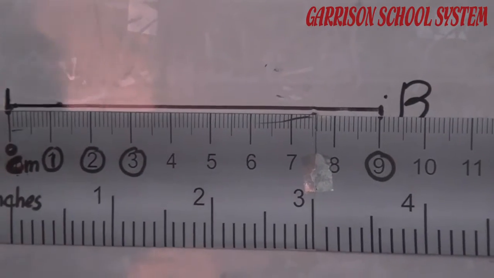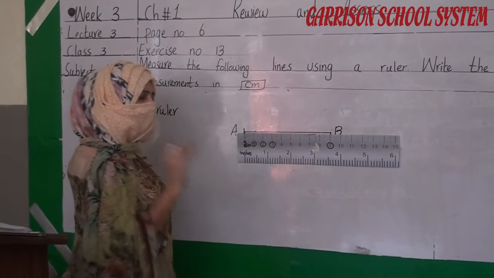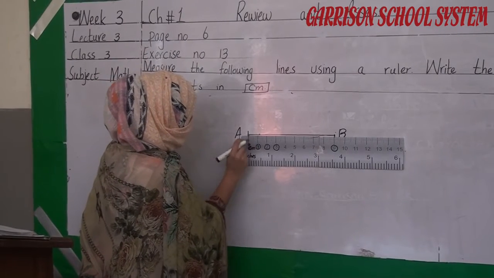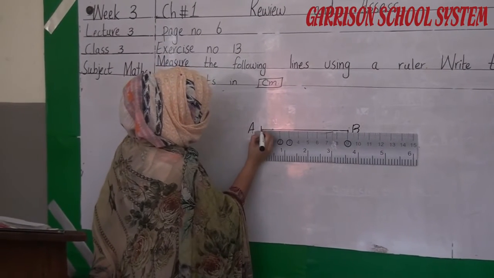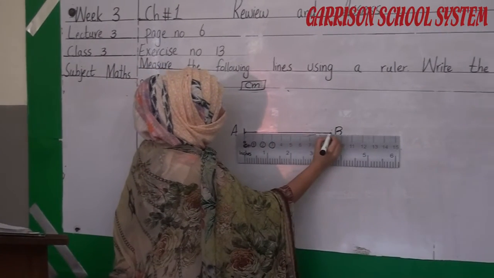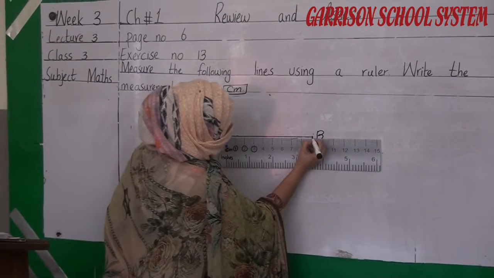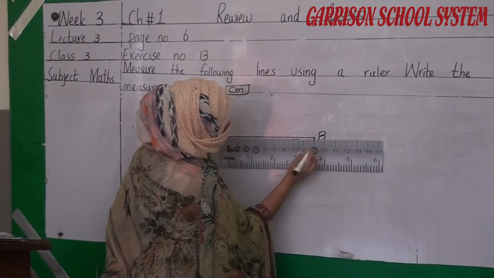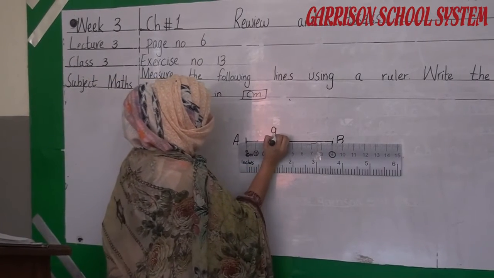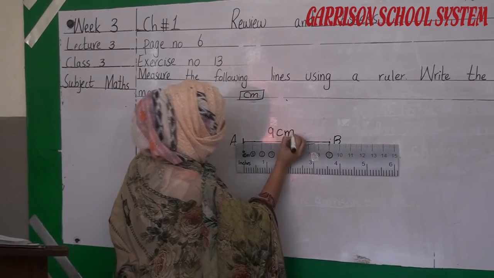So when we measure any object or any line, we have to put our scale at the starting point of our line and move to the ending point. Here is the ending point, it is number 9, and our measurement is 9. It is in centimeters, so we have to write 9 centimeters.